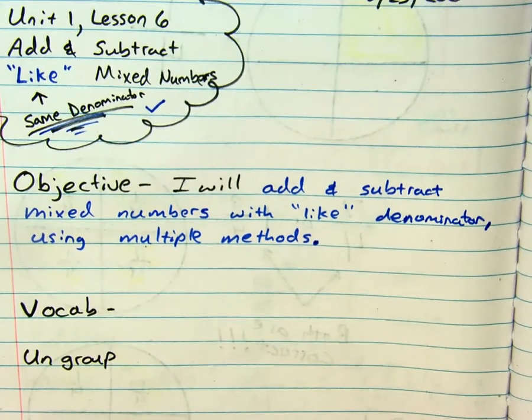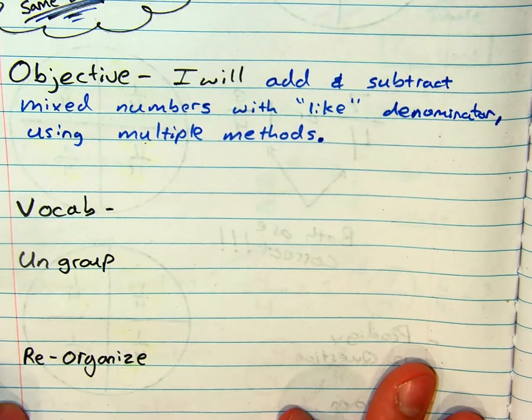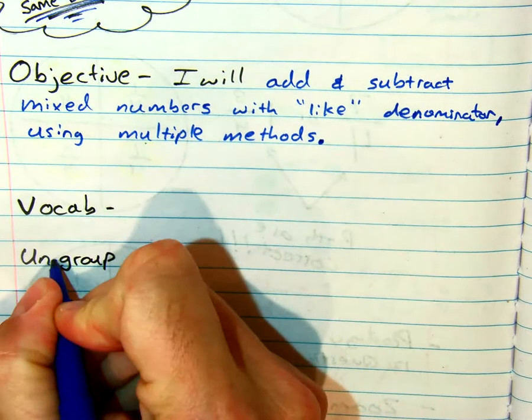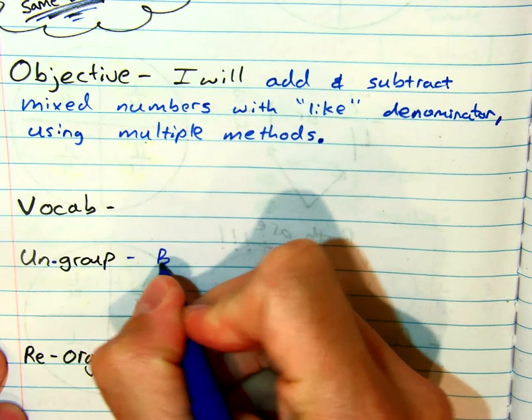And two words we need to talk about. Today, our vocab terms, we're going to be looking at ungrouping. So that is where we break a number apart.